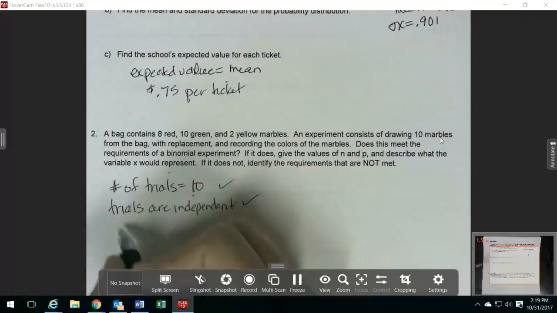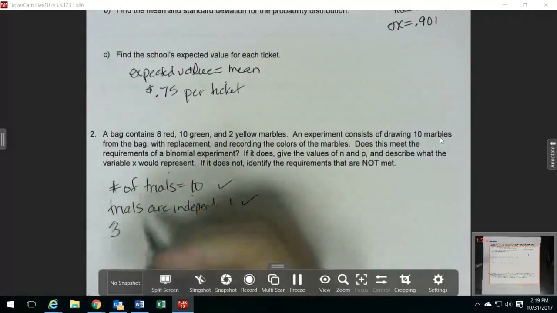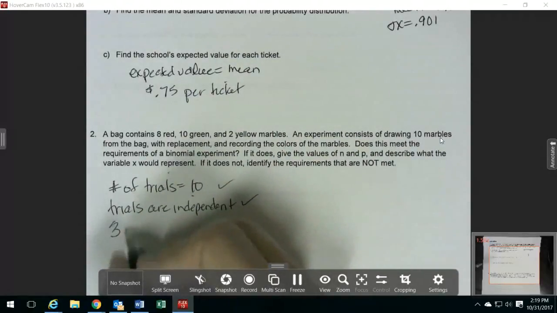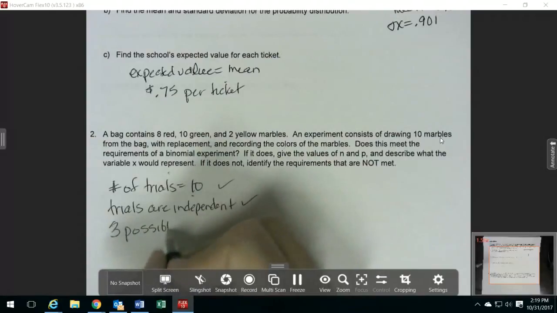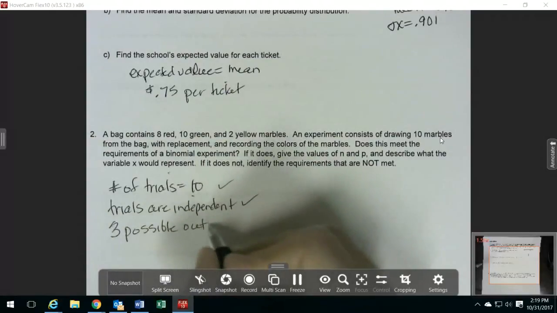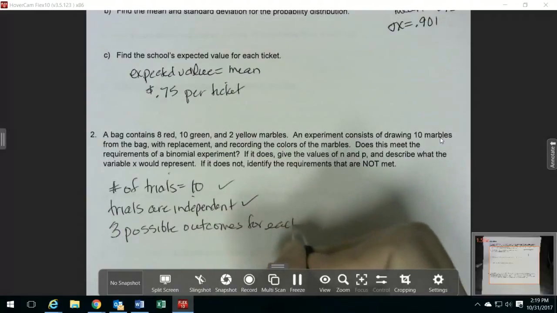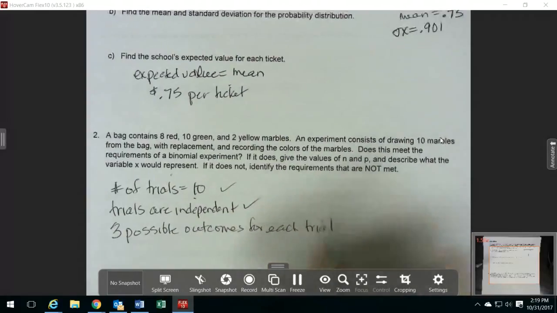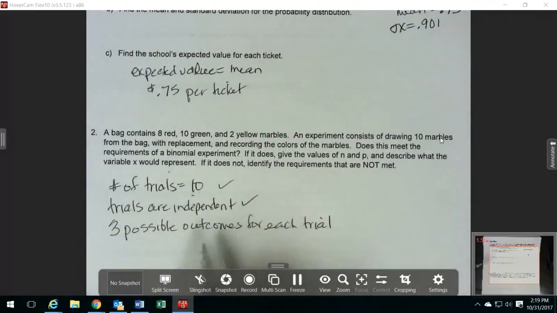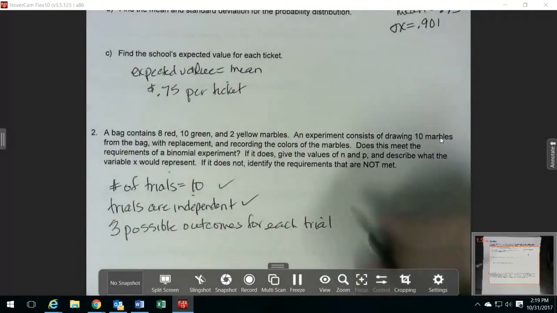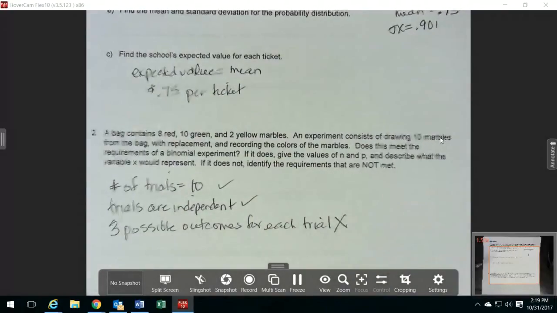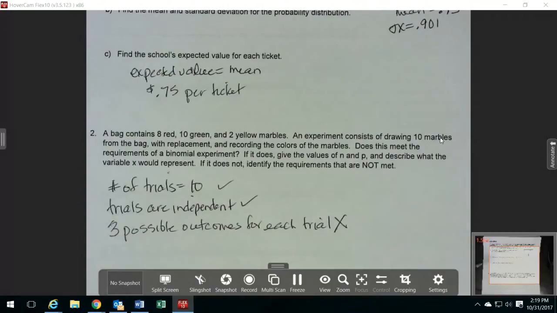So that means that if they're just recording the colors, there are 3 possible outcomes for each trial. So that doesn't meet the requirement because it has to be only 2 possible outcomes. So that means that it doesn't meet the requirements of a binomial experiment.